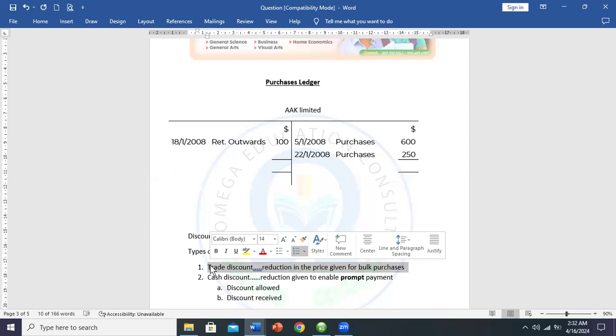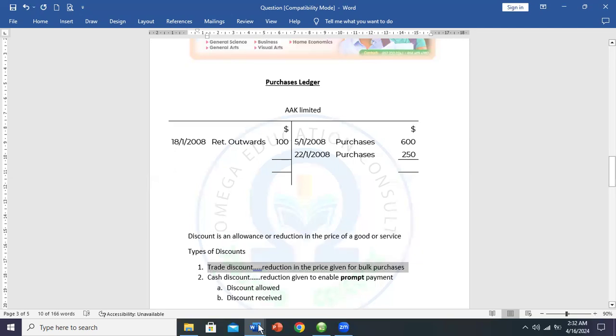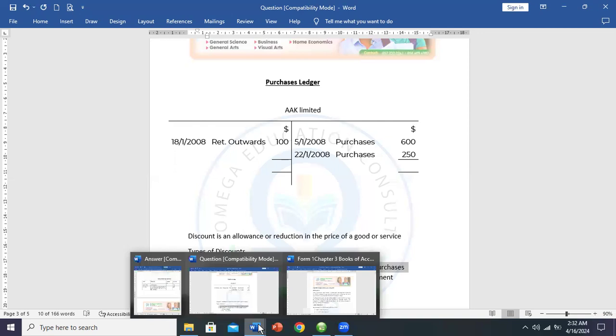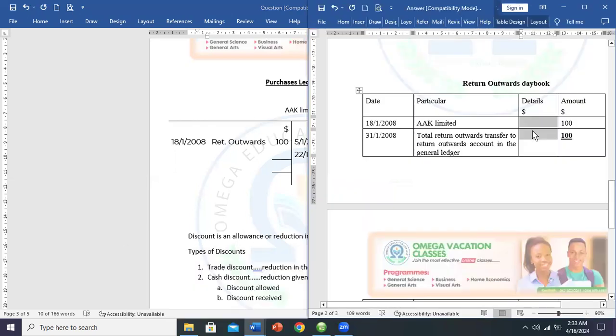But because the person is buying in bulk, we give that person the reduction or allowance. So these trade discounts should be calculated and deducted from whatever amount or price was given in the question. And that is done at the details column. All these reductions or deductions will be done at the details column.